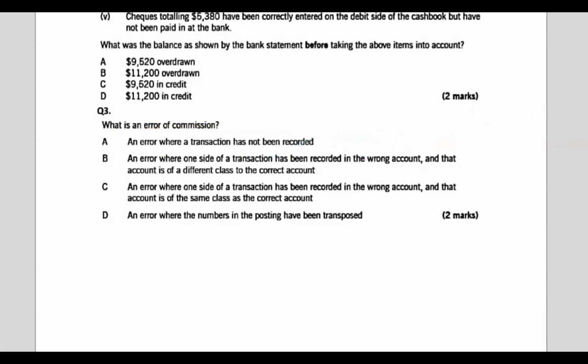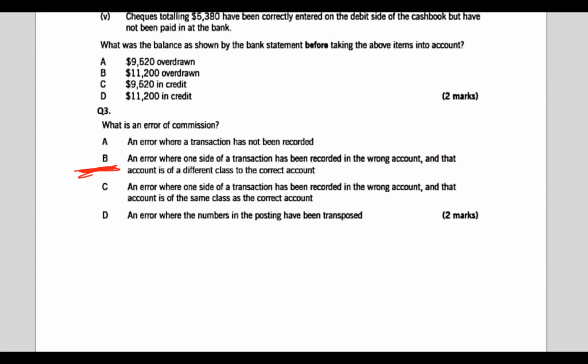Let's come to number B. Different class of the account. Isn't B the answer or not the answer? So B is not the answer. B is an error of original entry. Okay. Anyone else? This is getting interesting.